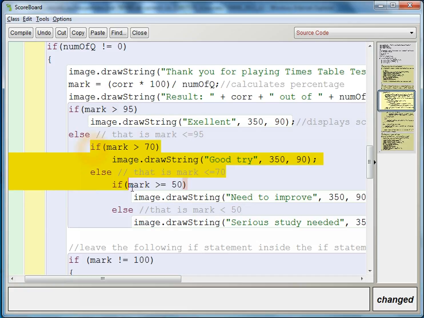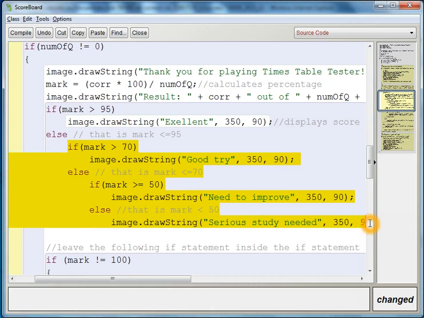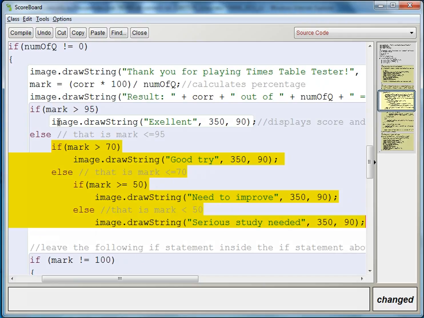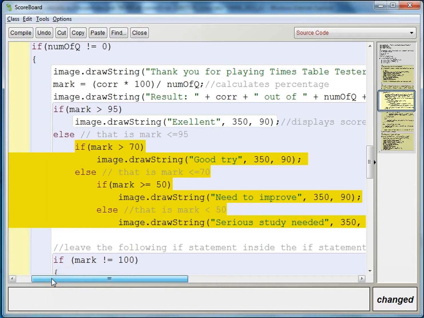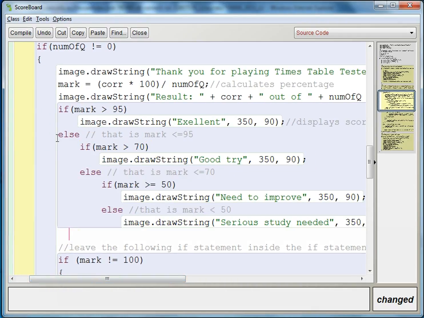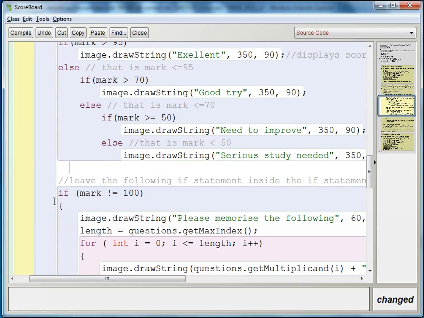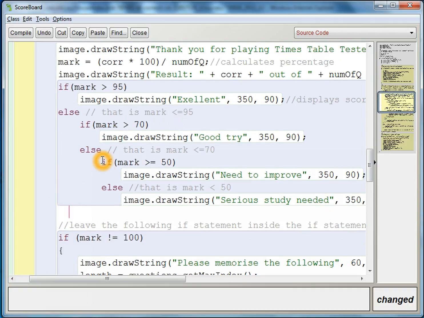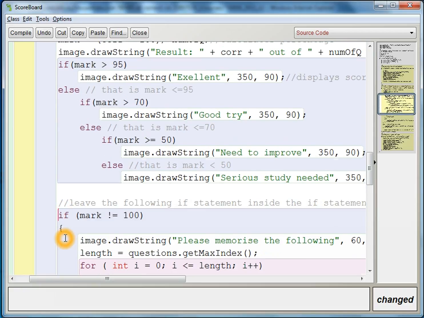It doesn't go into any of these. It only does this line, and then where does it go next? Notice that if statement is over, it goes to the next statement. Next is an if statement on its own. It's in sequence. It's not nested, it's a separate if statement. So it will carry this if statement out as well.